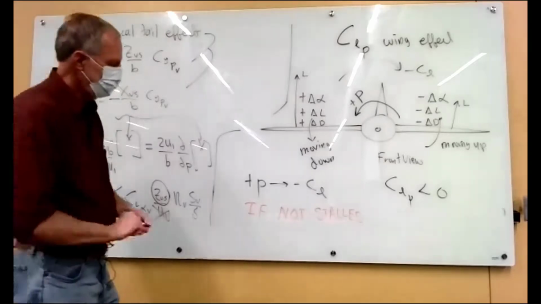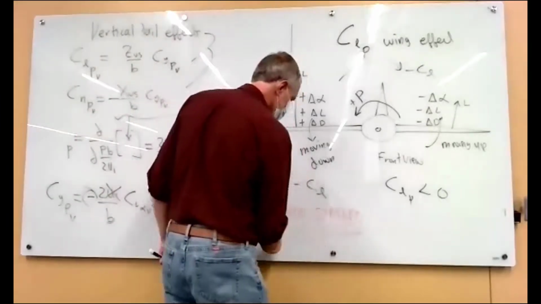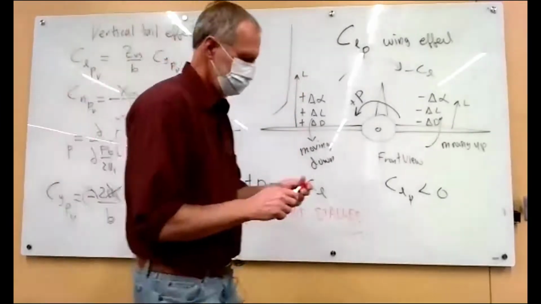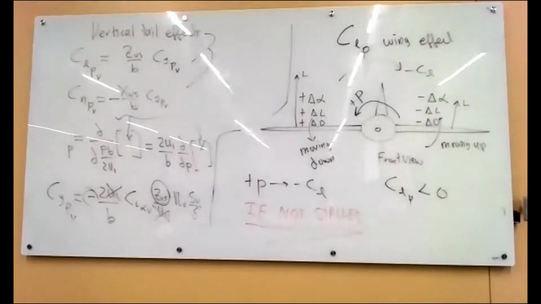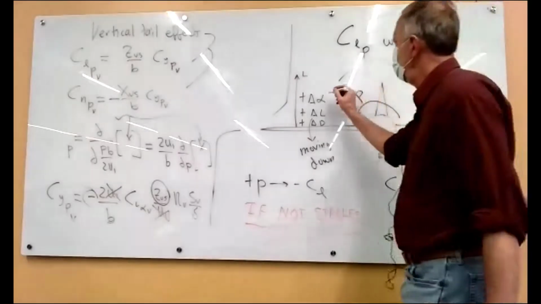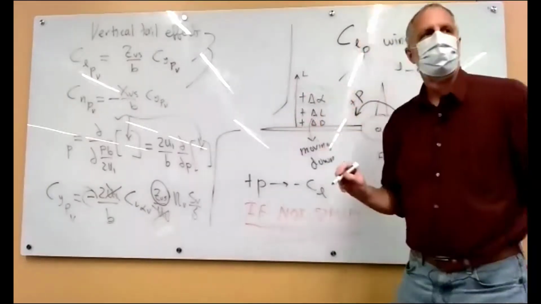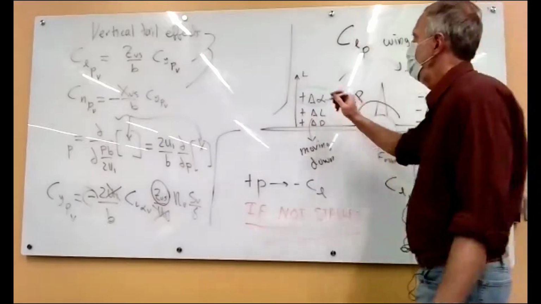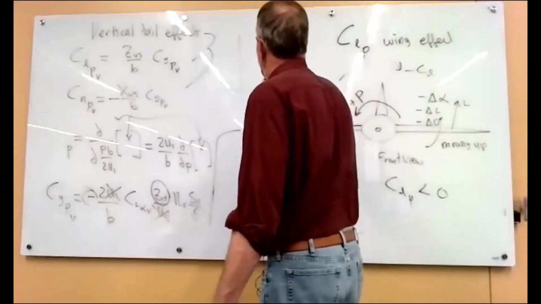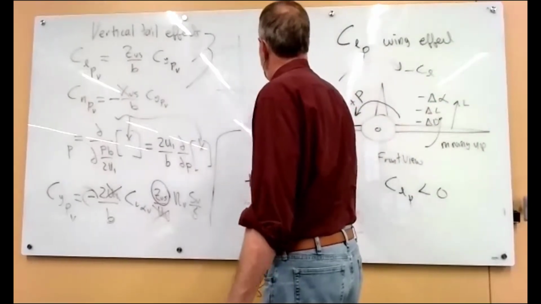But why did I write this? If not stalled, why is that a big deal? So what happens to a wing that's stalled if you increase its angle of attack? Right, think about the lift curve when you're stalled.